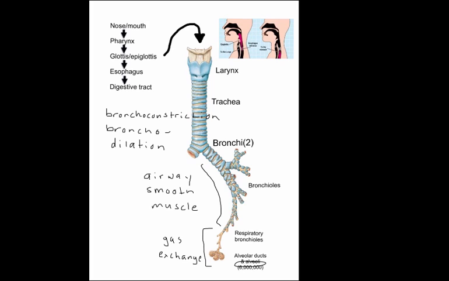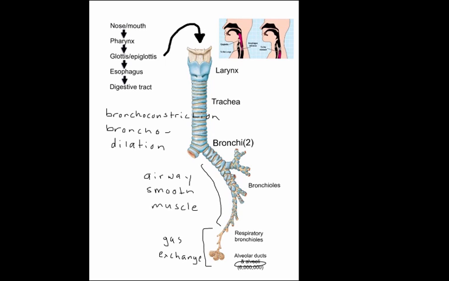And the state of contraction of this airway circular smooth muscle is the most important factor in determining resistance to air movement. Very similar to what we talked about with the circulatory system, where we have vasoconstriction and vasodilation.